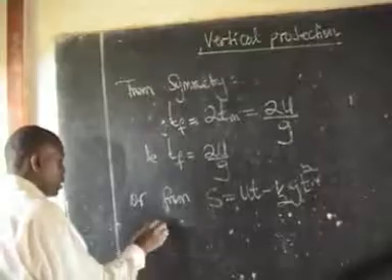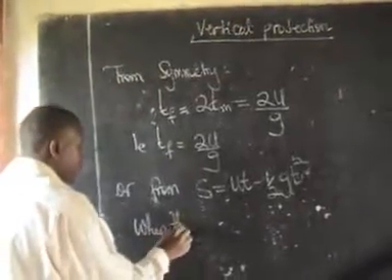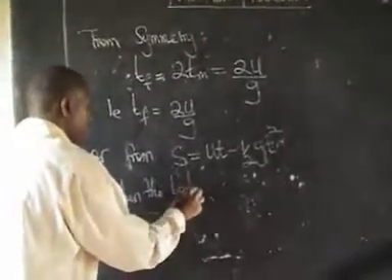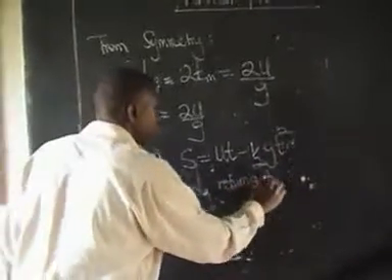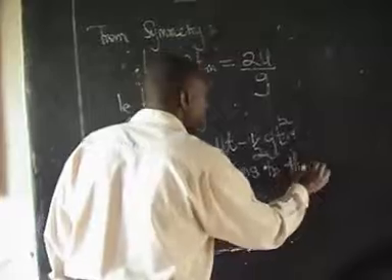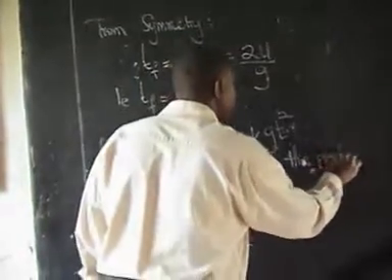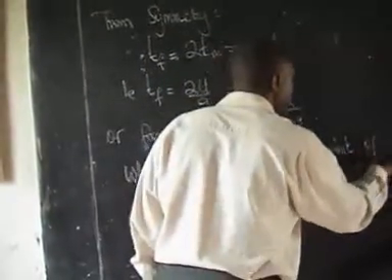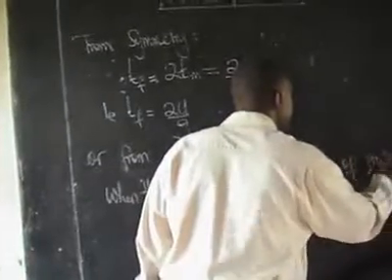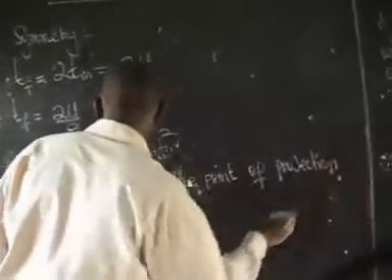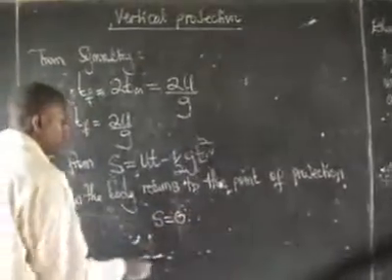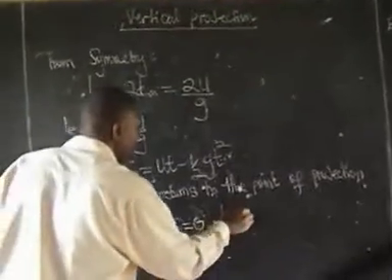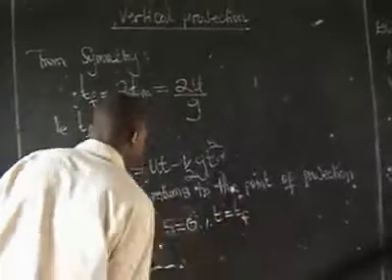When the body returns to the point of projection, the displacement s is equal to 0, and therefore our t must be equal to tf.